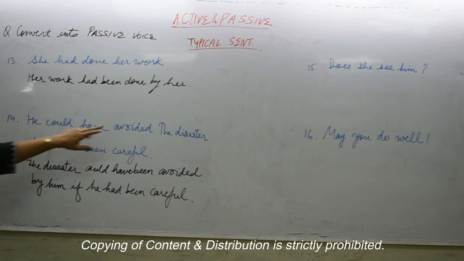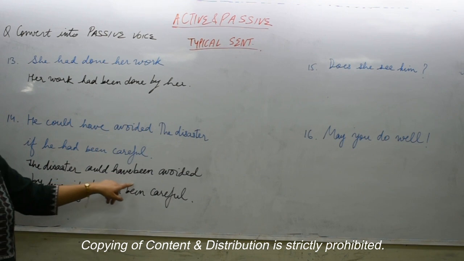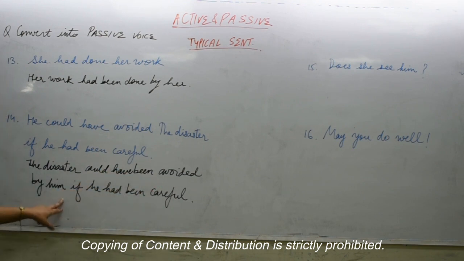What we are going to do? We will start with the disaster. The disaster could have been avoided by him if he had been careful. You just have to copy this out.